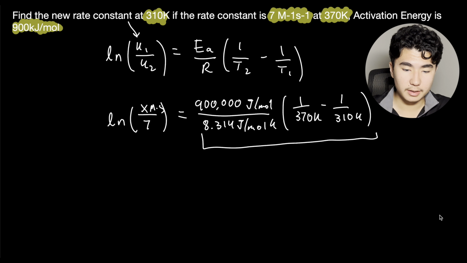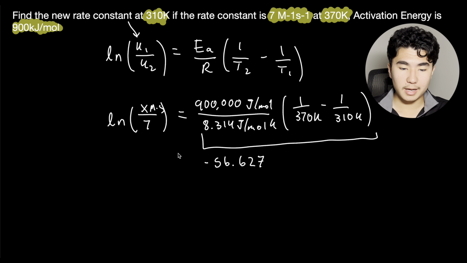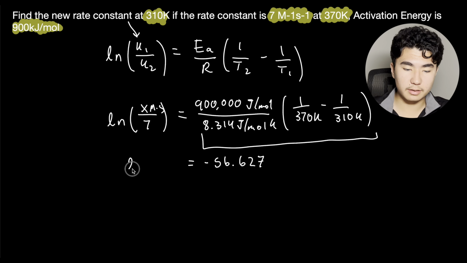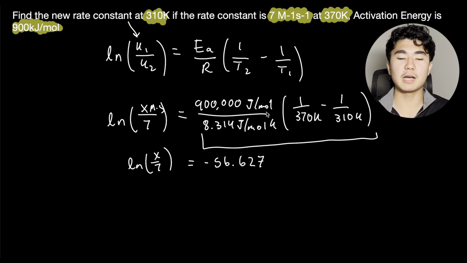I get negative 56.62, rounding to the second decimal place. So that's my answer over here, and that equals ln of x over 7. To make it easier, I'm going to take out all the units so we just have numbers.